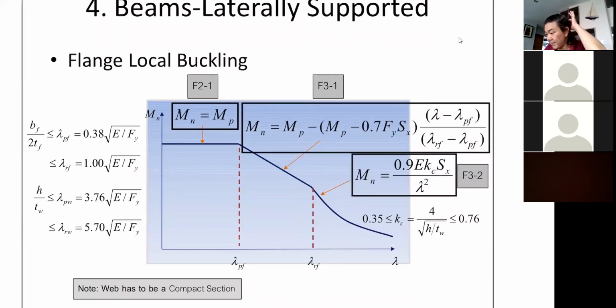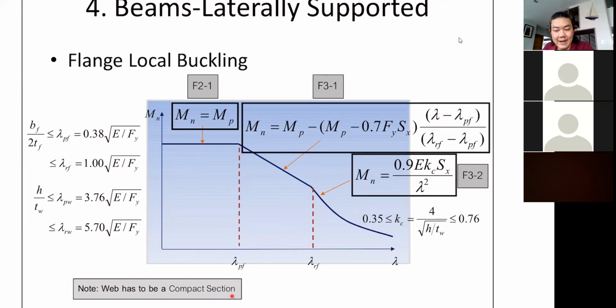Remember, we have the lambda p for the flange, which is 0.38 square root E over Fy, and lambda r for the flange is just 1.0 square root E over Fy. And then we also have the limiting values for the web, lambda p web 3.76, lambda r web 5.7. When you check, you now know the web is going to be the compact section.